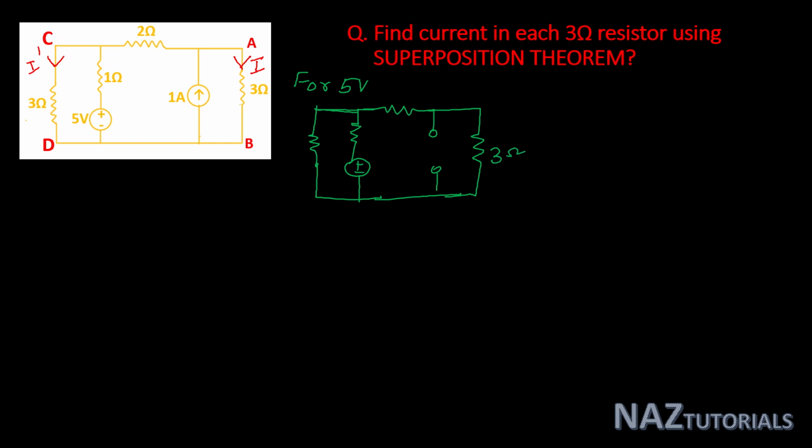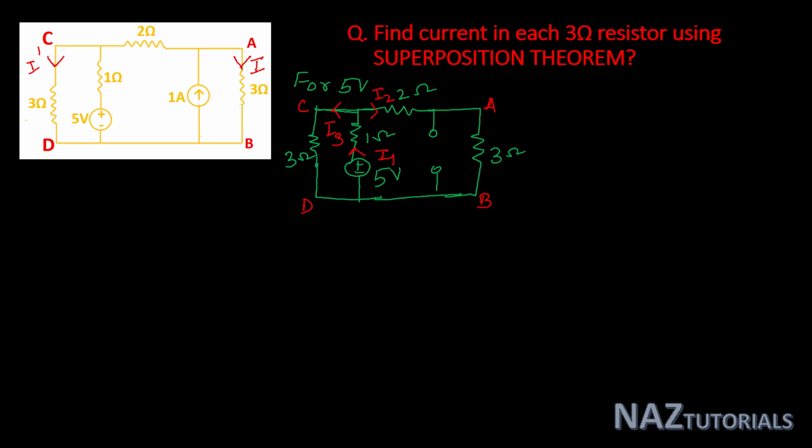This is 3 ohm, 2 ohm, 1 ohm, 5 volt, 3 ohm, and our branches are AB and CD. There is only single source, so we can say it will provide a current I1, which is divided in two paths, and its currents are I2 and I3.